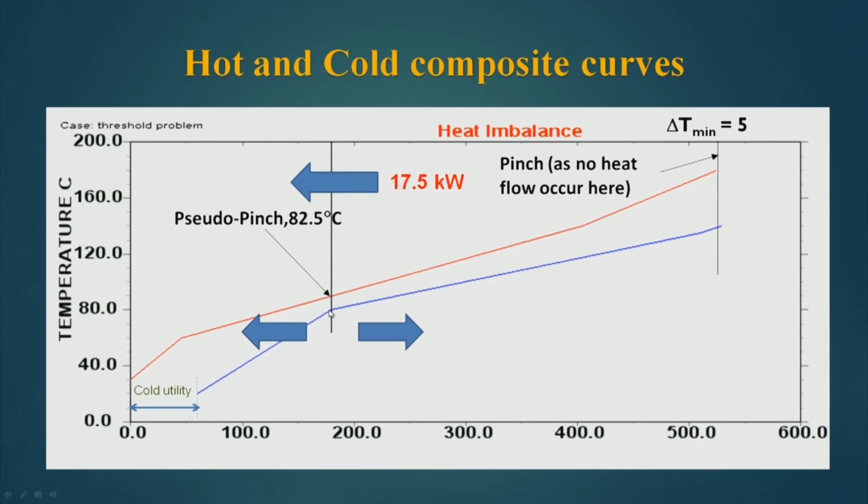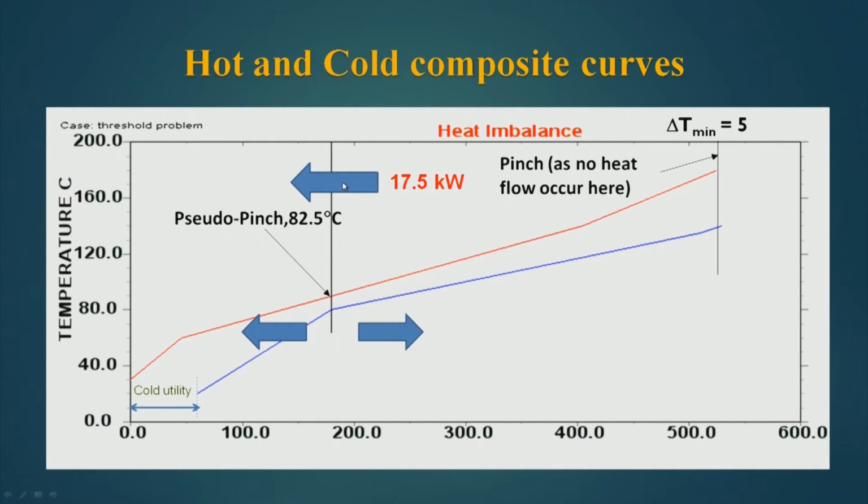We see that here the problem is most constrained, that is delta T minimum is very less, and then the delta T increases in this direction and delta T also increases in this direction, and there is a cold utility requirement here.